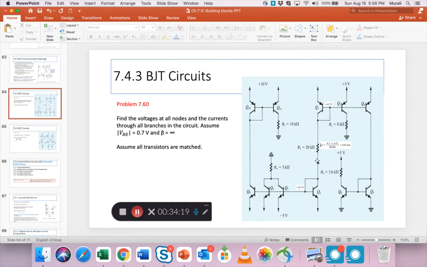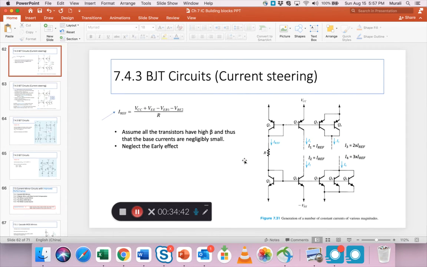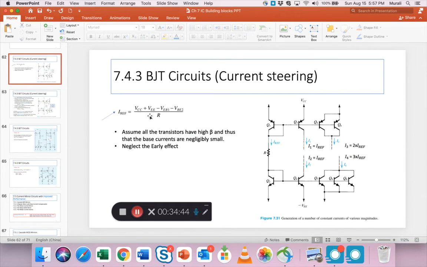So the first current, I reference, flowing through R1, and this Q1, R1, Q2 forms your current source. So first let's find that I reference current, and we know the formula is this formula, right?